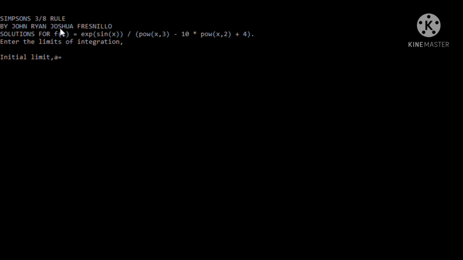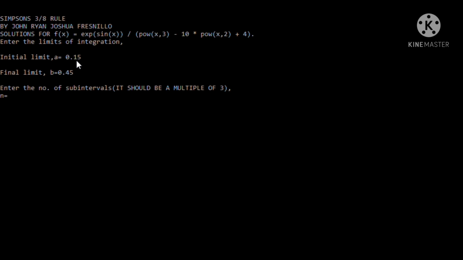The given problem that we will use is e raised to sin x over x cubed minus 10x squared plus 4. Enter the limits of the integration. The initial limit a, in the example that we used before, is 0.15. Then the limit b is 0.45.